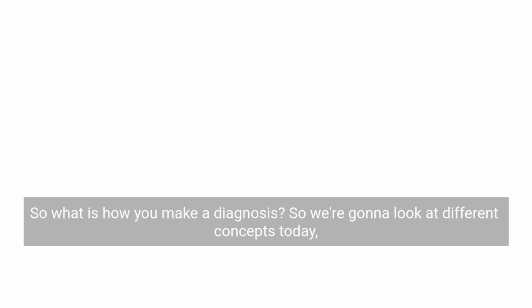However, Chinese medicine diagnosis is actually more complex than that. So what is Chinese medicine diagnosis? We're gonna look at different concepts today, and the first one you're most probably familiar with is a pattern. So what is a pattern?